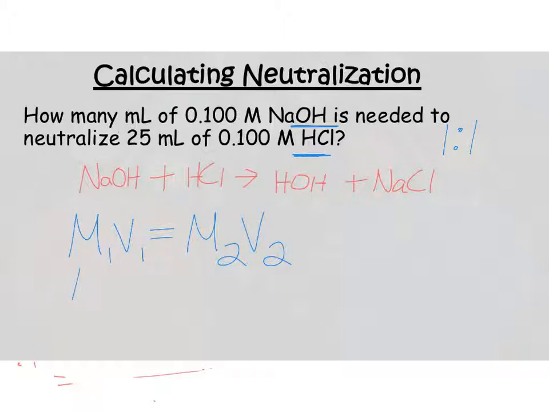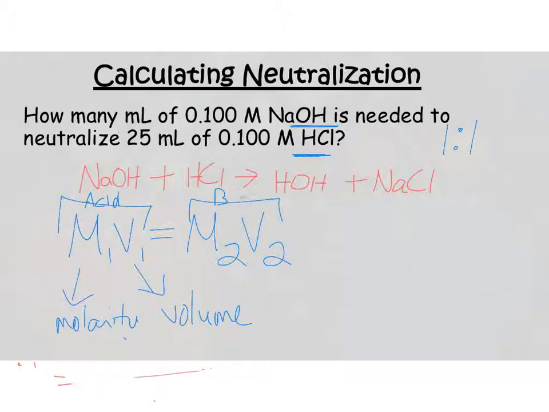So M stands for molarity, and V stands for volume. Okay? So basically, you're going to put the molarity and volume of, say, the acid, and then molarity and volume of the base, and solve for your unknown.